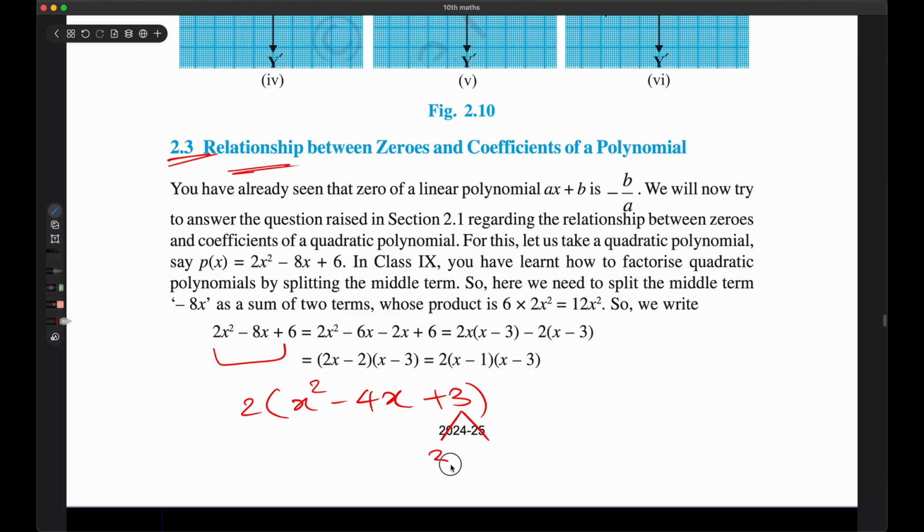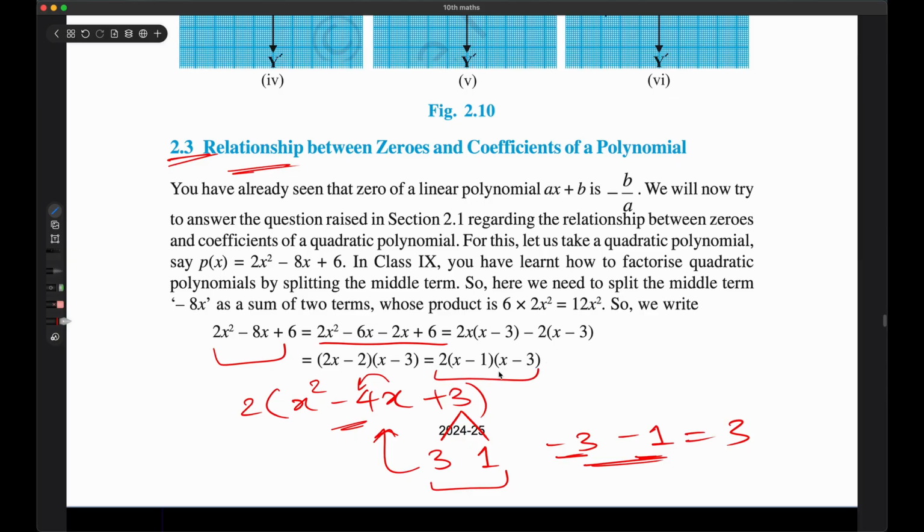Then divide 3 into the form such that we can get, by addition or subtraction, the coefficient of x, that is minus 3 into minus 1, we will get minus 4, and the product we will get is 3. So they have written x minus 1, x minus 3, and 1 and 3 are zeros of the polynomial.